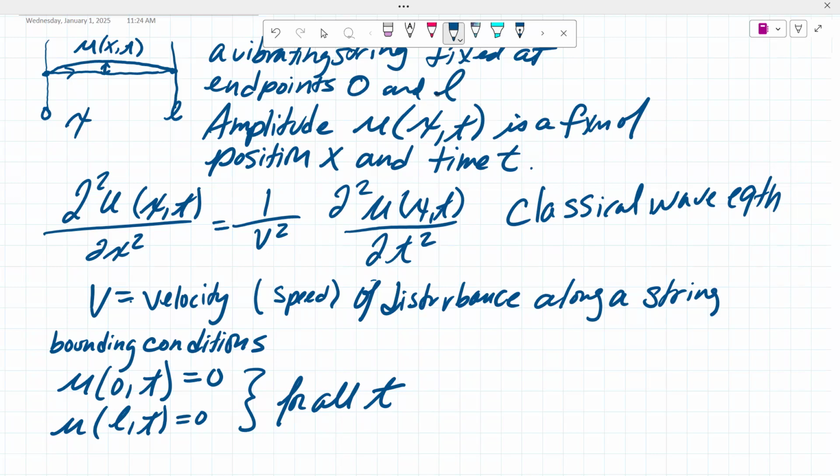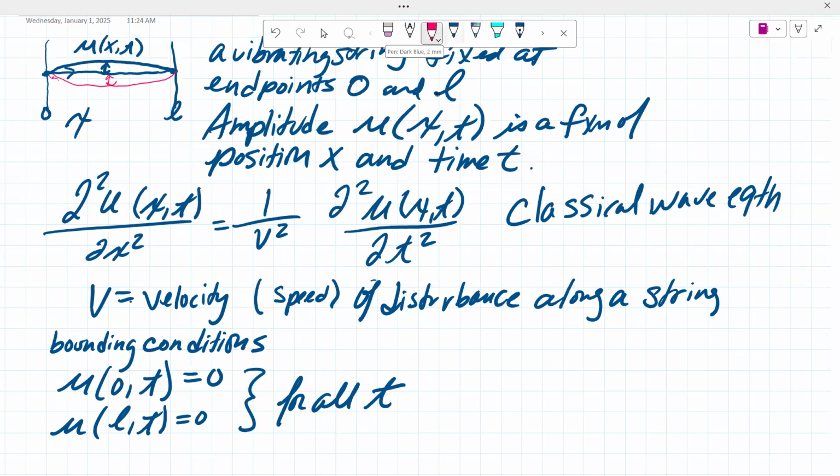And the same thing is for the other end. At the position x equal to the length of the string, that is the other side of the string, which is also bound, for any time the displacement is going to be 0. The wave is being displaced above, and of course it could be displaced below too as it vibrates.